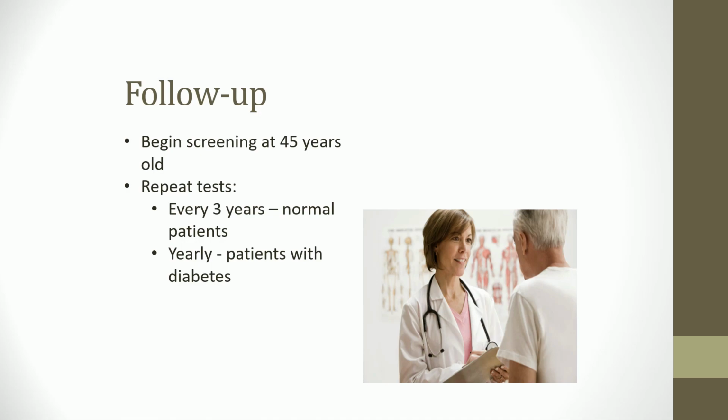However, in patients that do not meet the criteria, for example, they have pre-diabetes or we're just monitoring them, we have to begin screening for diabetes at 45 years old.